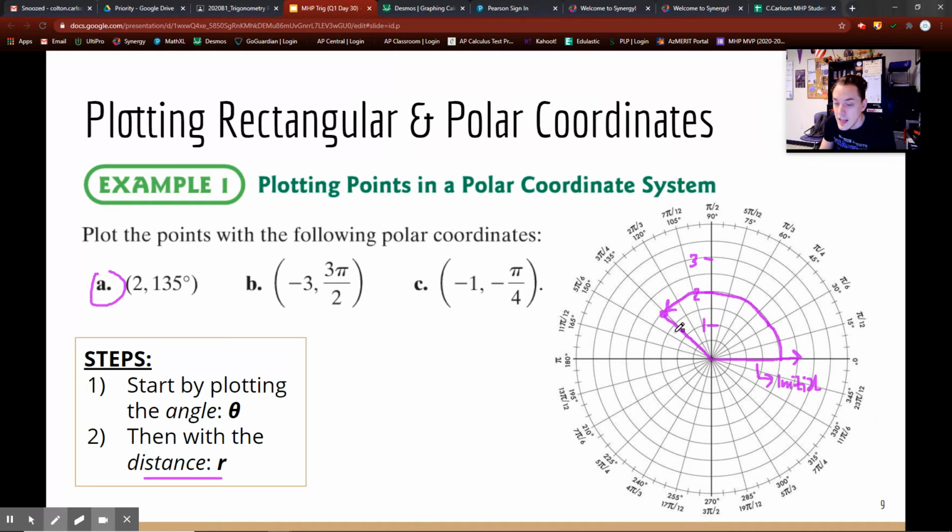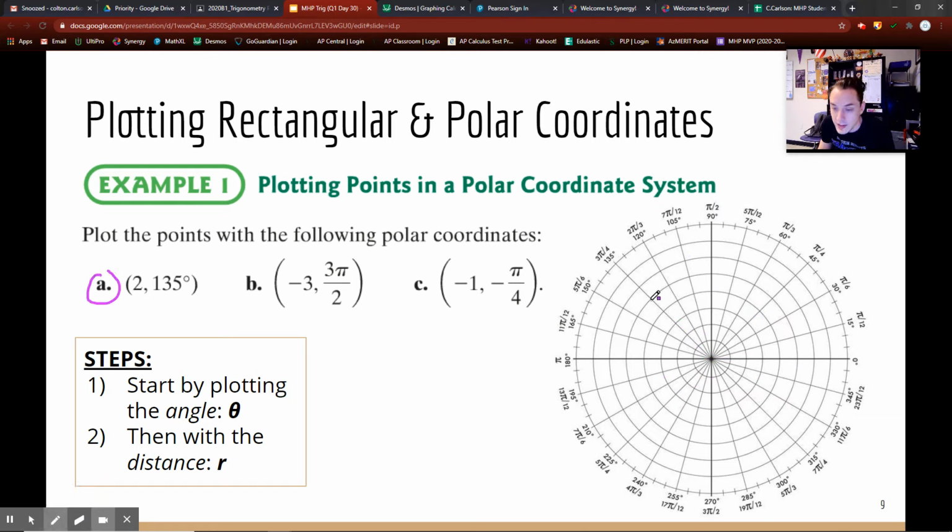That's my initial side, and this right here is what we call your terminal side. Remember, that's your ending side from literally the first day of trig, right? Ending side, terminal side, because you start on the positive x-axis and go. So that right there is 135. That's 2 135.